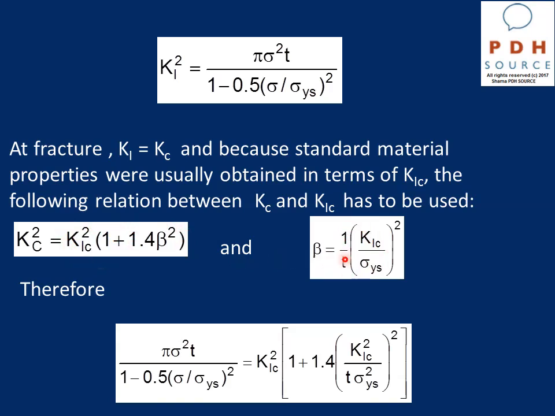Beta is expressed in terms of this equation here. Now if we take this equation and that equation, plug them here, we end up with this equation. And in order to solve for K1C, you have to use trial and error to solve this equation.